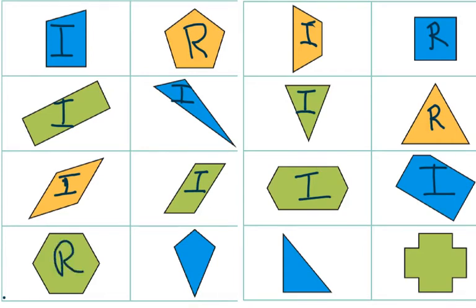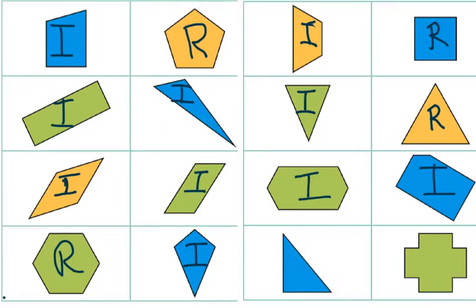Here we have a shape called a kite, which is quite easy to remember because it looks like a kite, but it's also an irregular quadrilateral. And here's another triangle. This one is a right angle triangle.